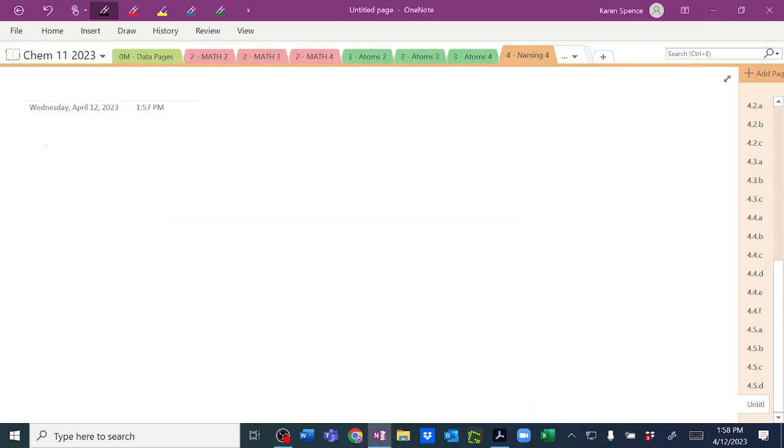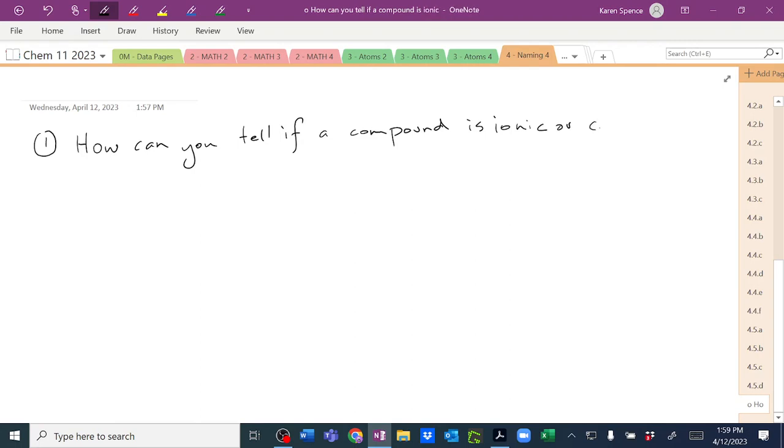Here we go. Question number 1. This is not any book. How can you tell if a compound is ionic or covalent?